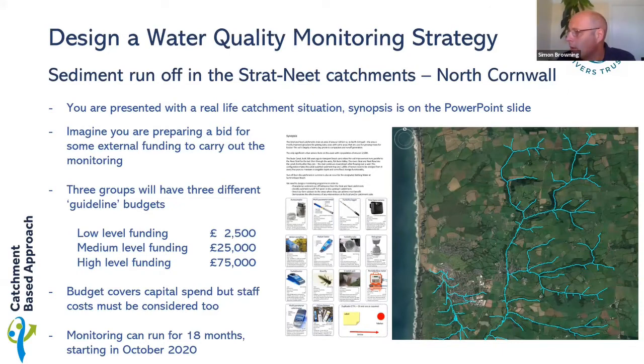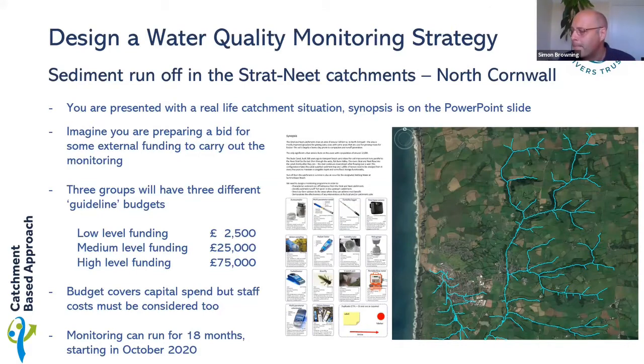Essentially, you'll be given a PowerPoint slide with a big map and these monitoring cards to shuffle around as you wish, the ones you choose. So the synopsis is probably on the slide that you'll get.